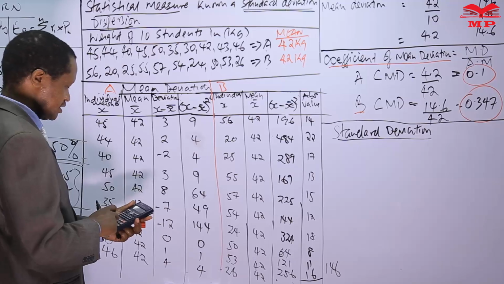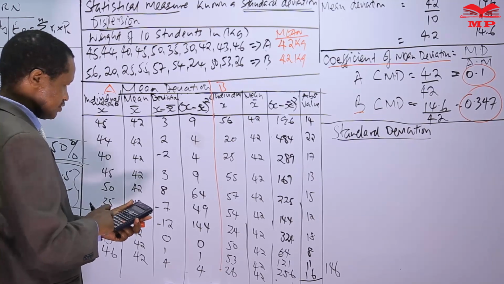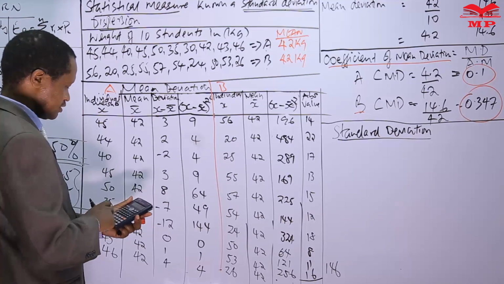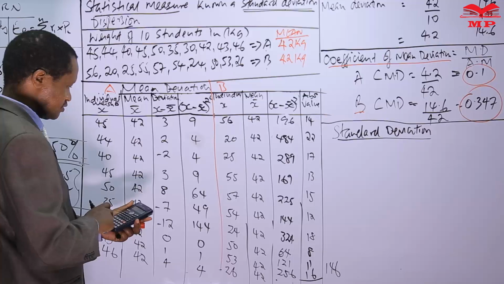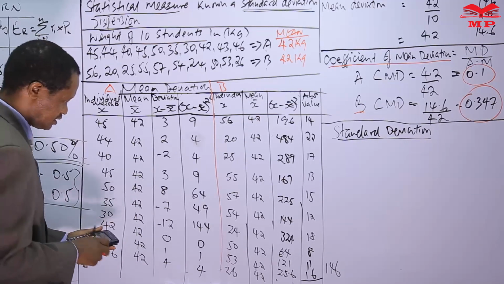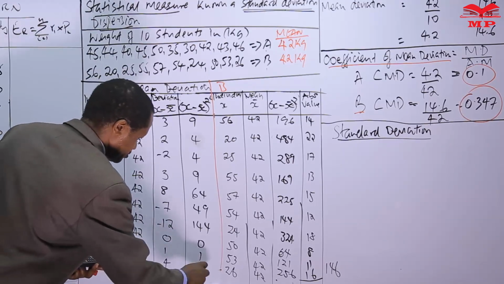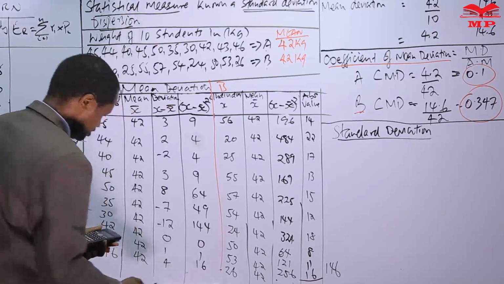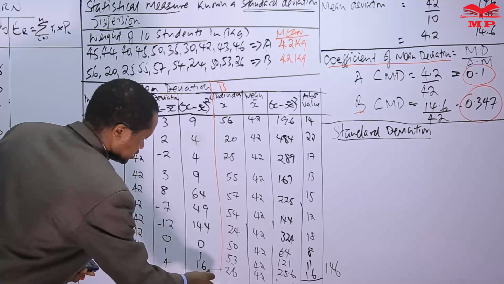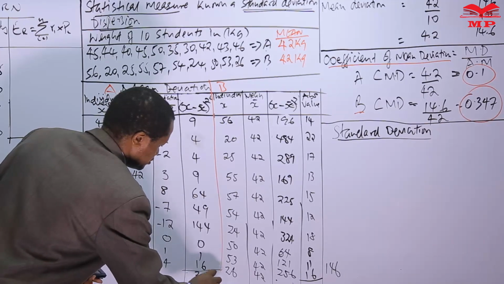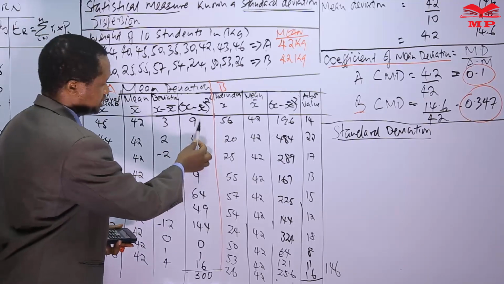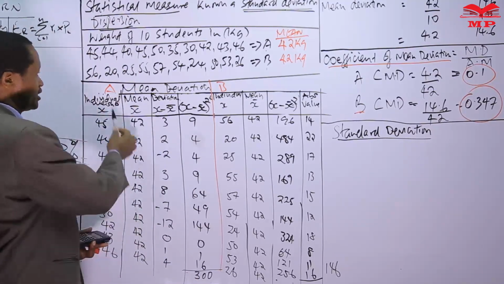So we add 9 plus 4 plus 4 plus 9 plus 64 plus 49 plus 144 plus 1 plus 16 plus 16, 4 squared is 16, which is equal to 300. 300 is the sum of the squared deviations for class A.